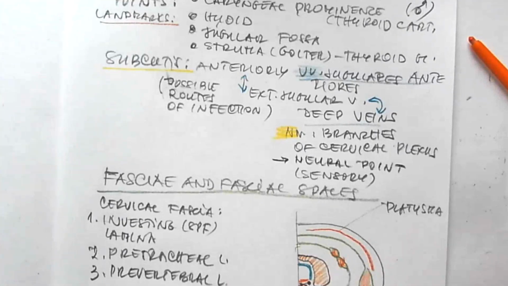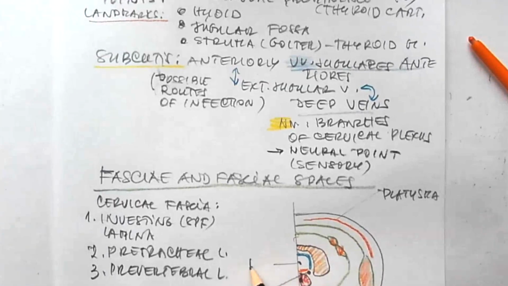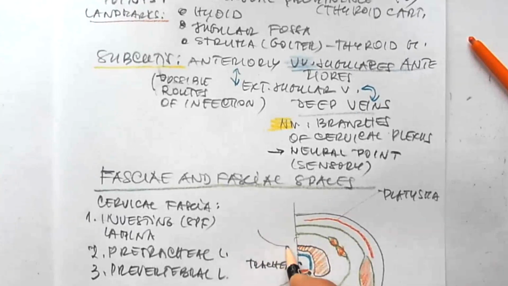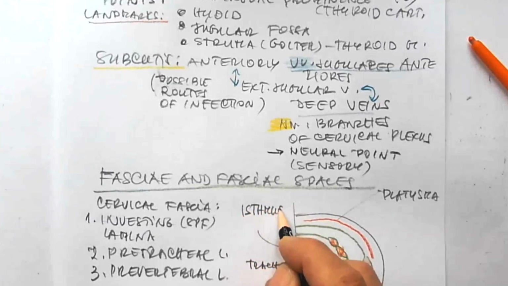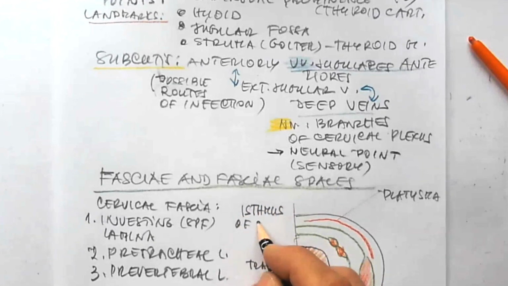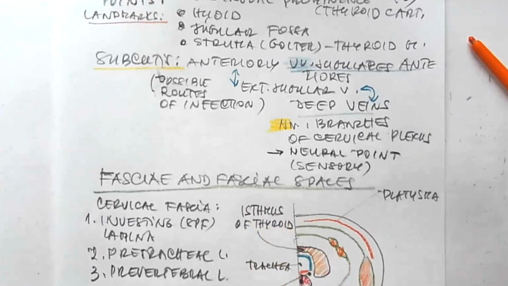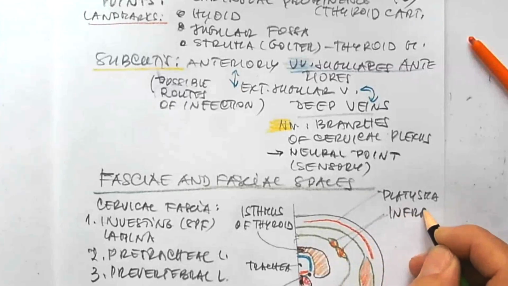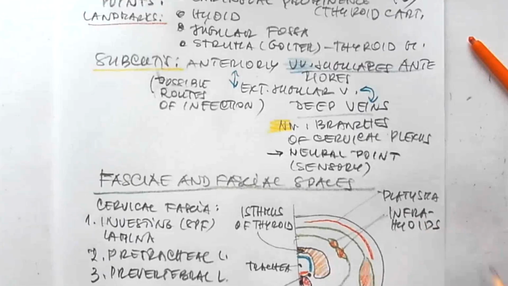Then we are looking also at the organs, so then the trachea. Then this one is the isthmus, the narrow part, the isthmus of the thyroid gland. Then here the muscles are infrahyoid. We will speak about them. Infrahyoids.